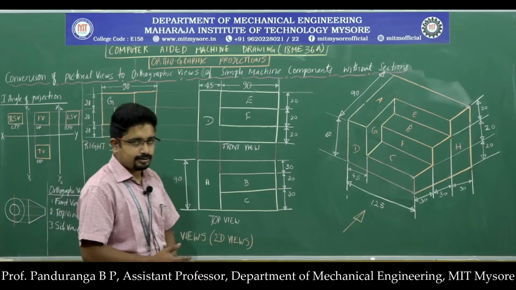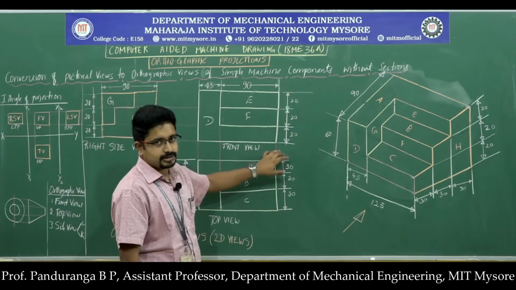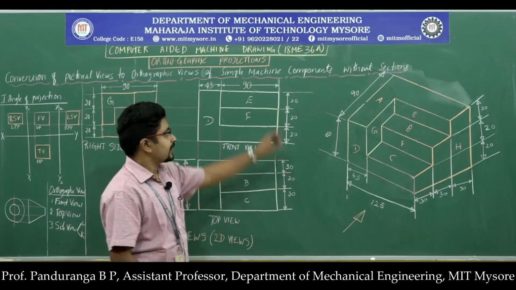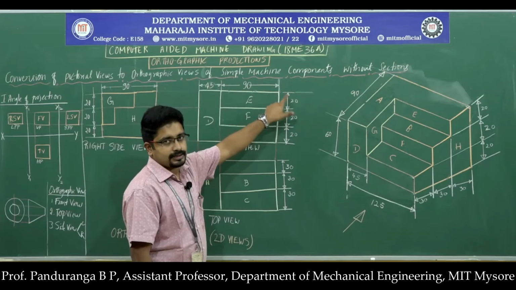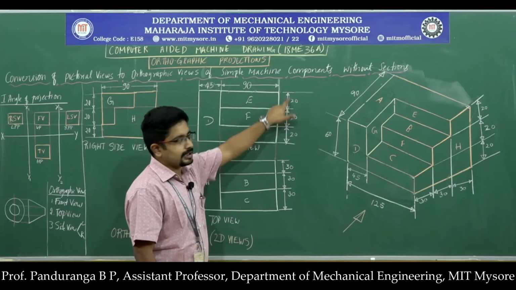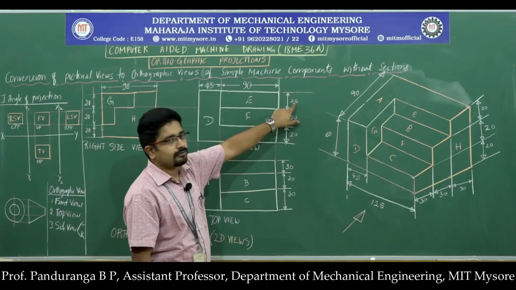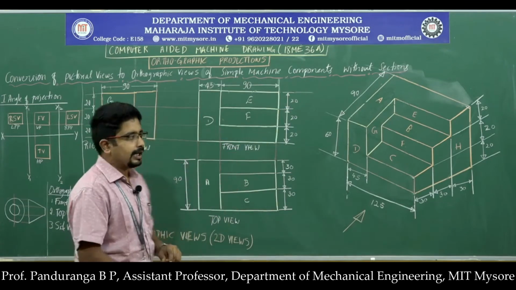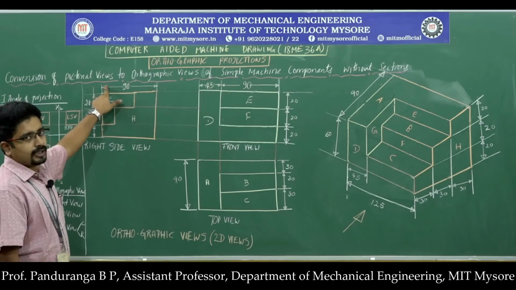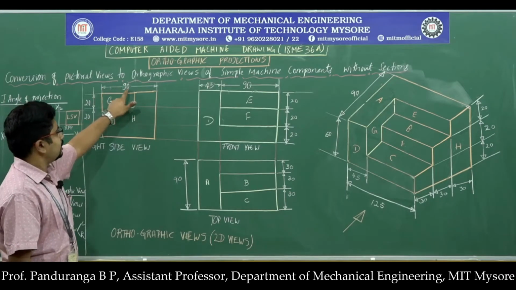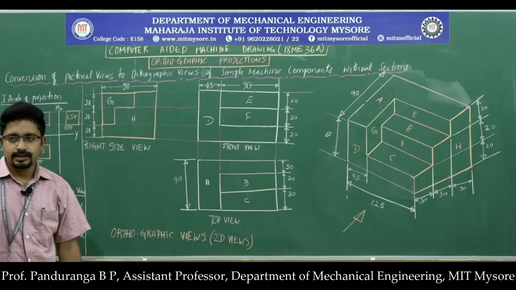Once you complete the front view, then you have to write the dimensions. To write the dimensions, we can use this method. We can write the line, and then we can draw two arrows at the ends, and then next to that we can write the dimension, and we can also follow this method where we have drawn a line and in between the line we have drawn the dimension.